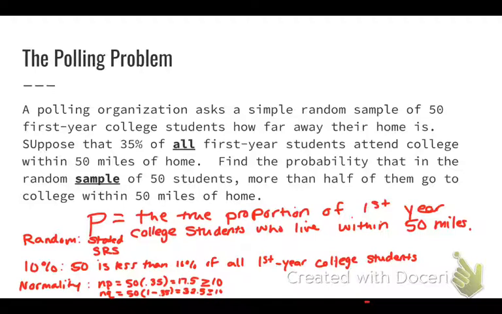Okay, so I stated my parameter. I've checked my conditions. I'm going to erase this.